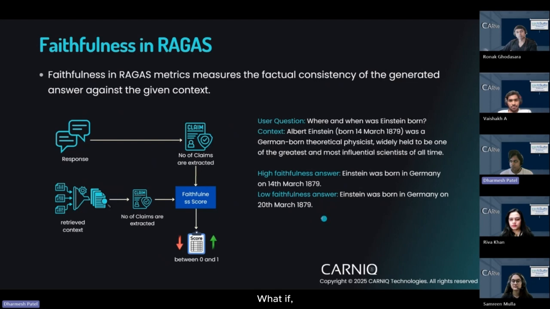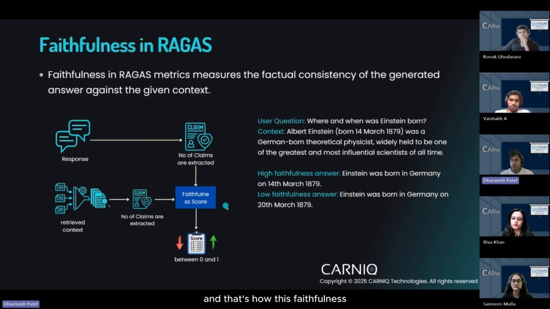What if the answer was not faithful? For example, the date on which Einstein was born was different from what is in your context, and your response says it's 20th March. That would give you a lower score because this claim is not correct.